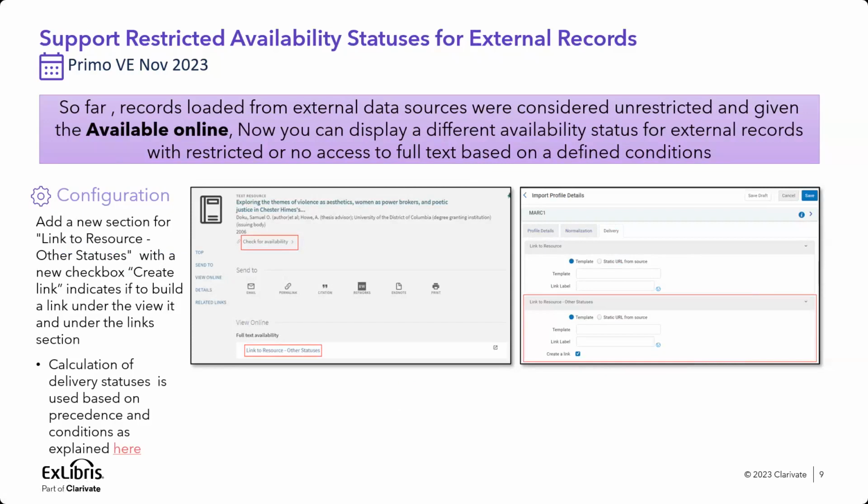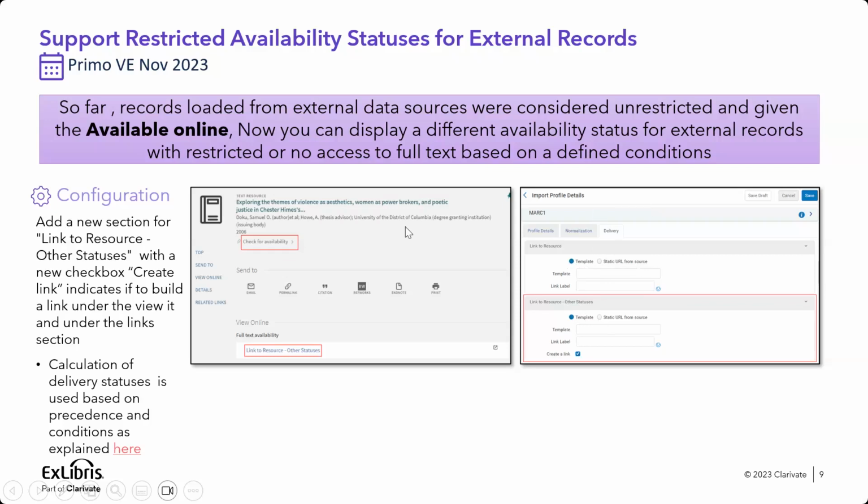And of course, there are cases where the link to the resource that we introduce is not really satisfactory, as sometimes the full text can be restricted. So we want to provide you with the option to define other statuses, such as check availability or not available, and give you the option to define and prioritize the precedence and the condition for that.